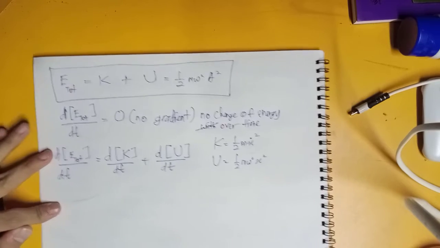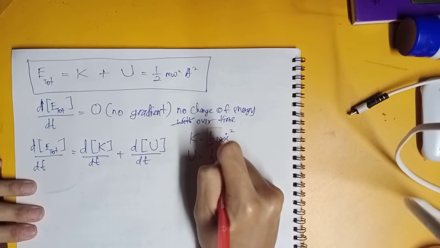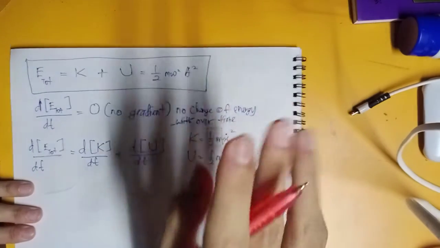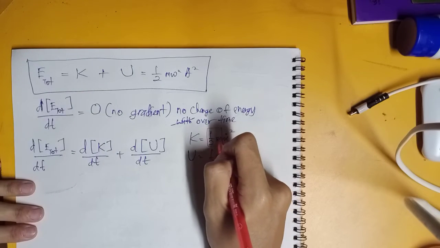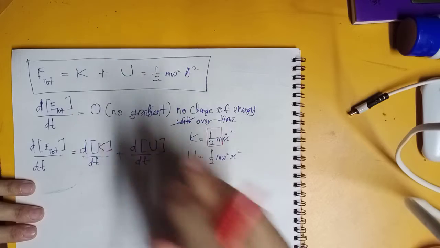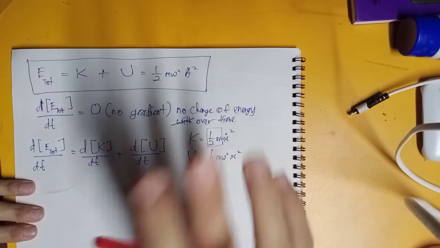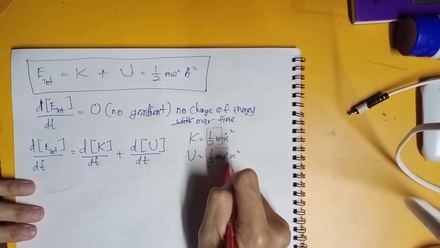Okay, so let us notice that 1 over 2 m is a constant, so we don't change it. What I mean is that this constant cannot be differentiated over time because it does not change over time. Same as this one, 1 over 2 m omega square.